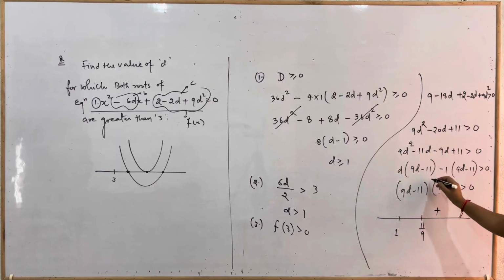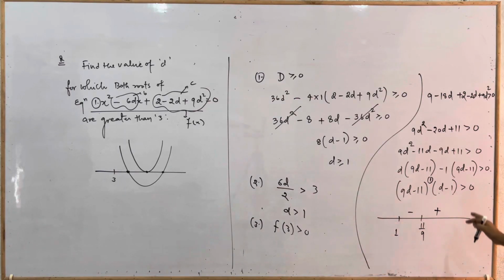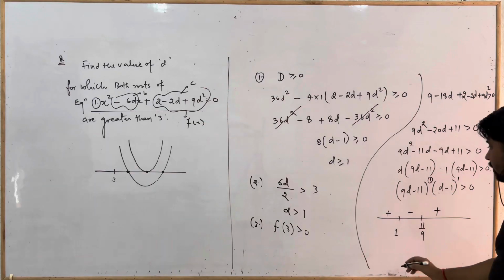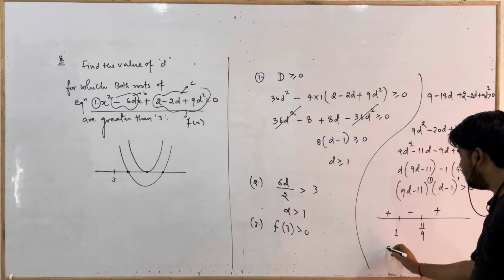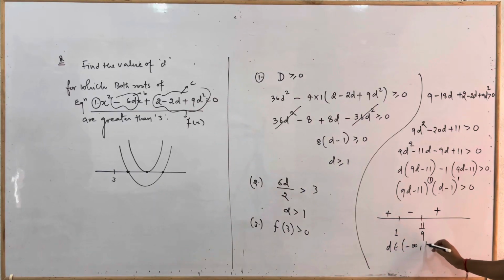For d minus 1, the power of this one is odd, so I will change the sign from plus to minus, and again the power is odd here, so I will change the sign from minus to plus. Greater than 0, so I will take the positive interval, that is d belongs to minus infinity to 1 union 11 by 9 to infinity.